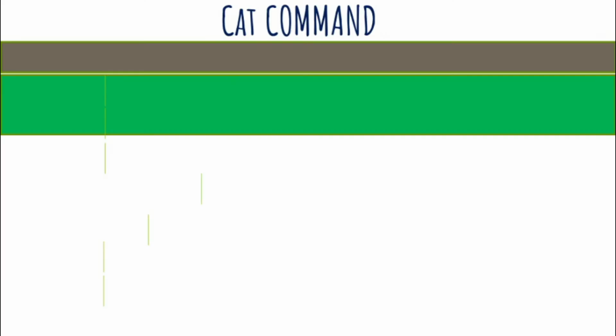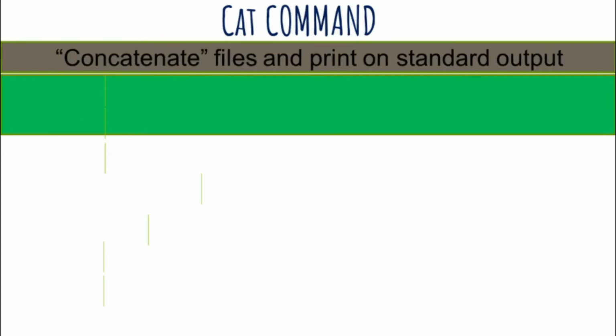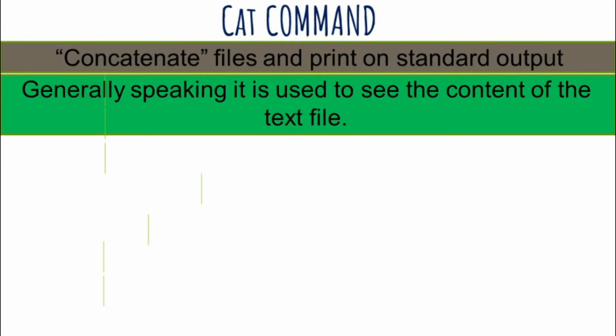Cat command means concatenate file. Cat is one of the most frequently used commands in Linux and Unix like operating systems. The cat command allows us to create single or multiple files, view the content of files, concatenate files, as well as redirect output in the terminal or to a file.